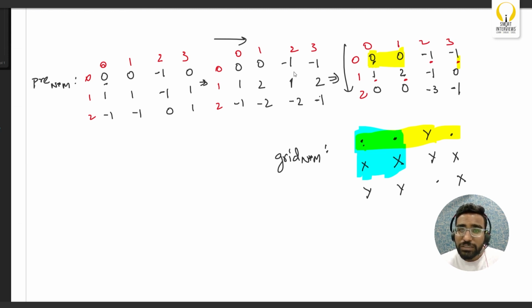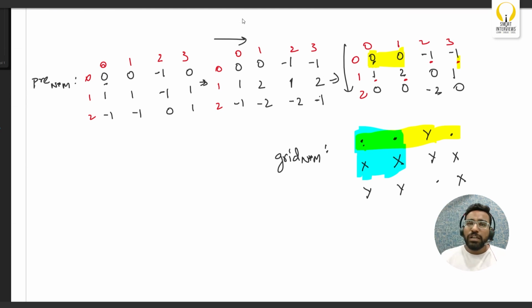In this, minus 1 plus 1 will become 0. And minus 1 plus 1 will become 0. And plus 1, this will become minus 2. Once this becomes minus 2, this also will become minus 1 plus 2, which will become 1. And 1 plus minus 1 will become 0.